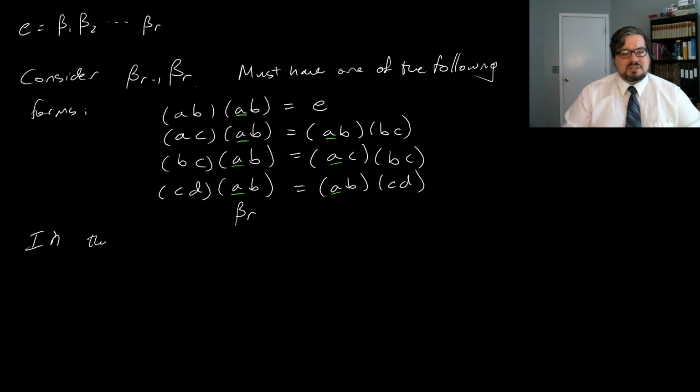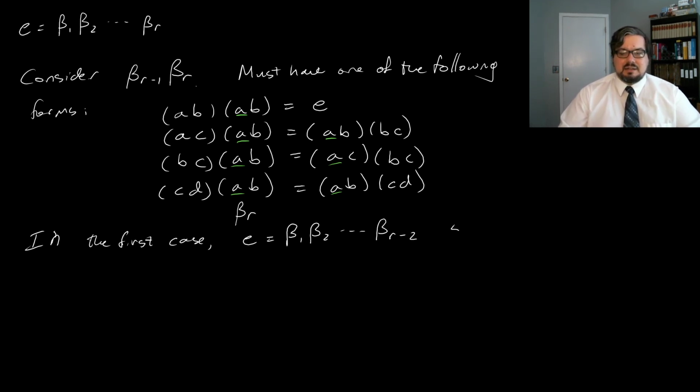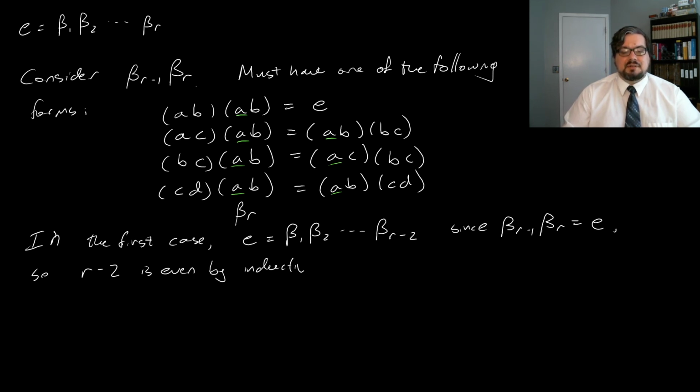In the first case, we have that the identity is equal to beta 1, beta 2, up through beta r minus 2, and that's because beta r minus 1 times beta r is just the identity. So that means that r minus 2 is even by our inductive hypothesis.